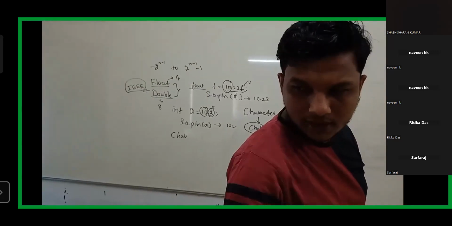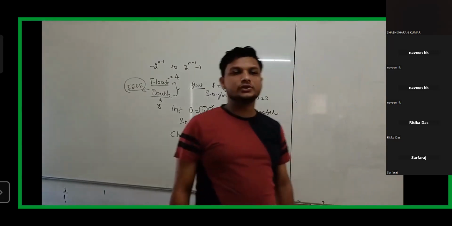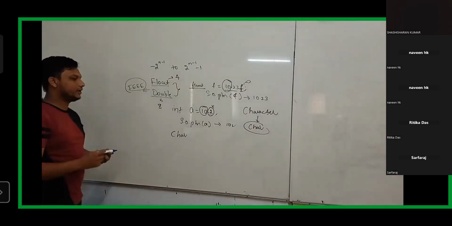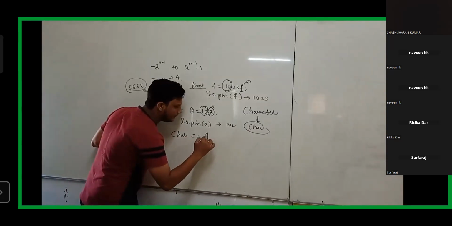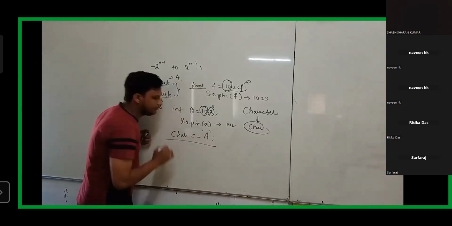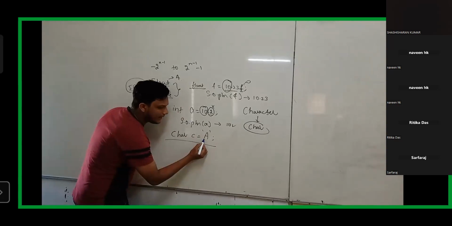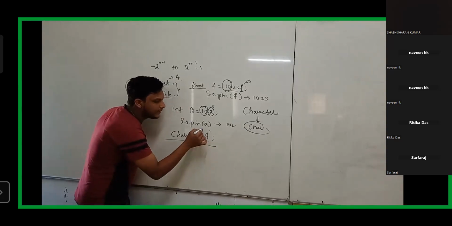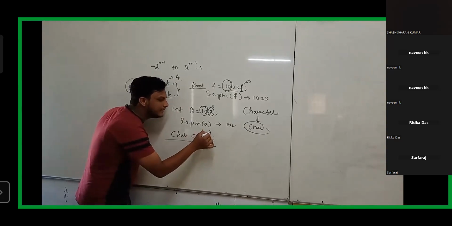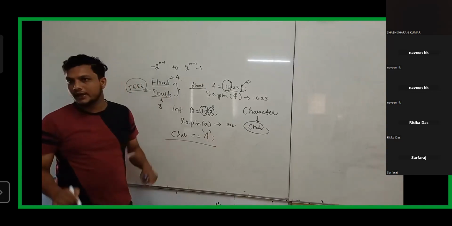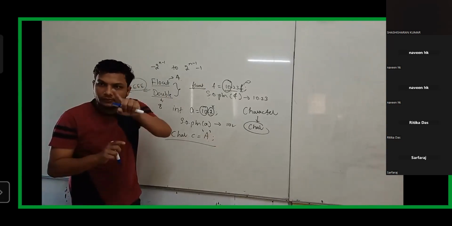For example, I want to store a character: c = 'A'. Remember guys, this is how you store a character inside a character data type, in which a single character should be there, and a character should always be enclosed in single quotes. Double quotes means it will become a string.